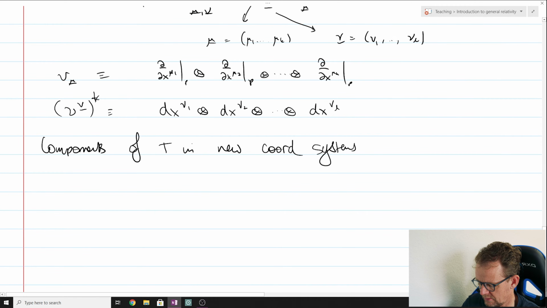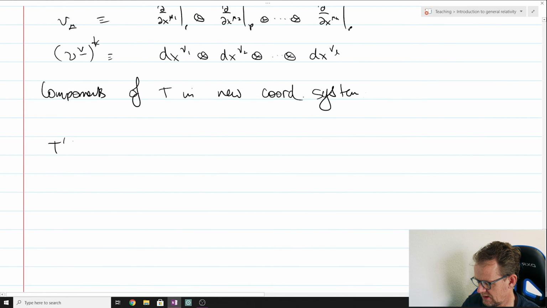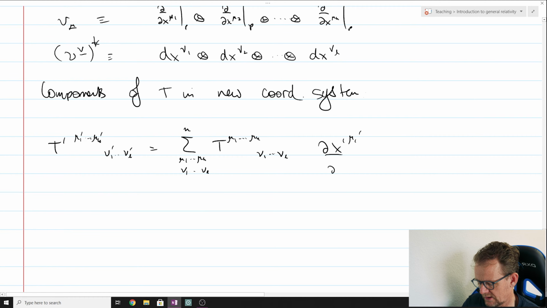So the components of T in a new coordinate system are given by the so-called tensor transformation law. So T prime, mu 1 prime, all the way up to mu k prime, nu 1 prime, all the way up to nu l prime, are given by a sum over mu 1 to mu k, nu 1 up to nu l. So they're given in terms of the old components, multiplied by these Jacobian type factors here.